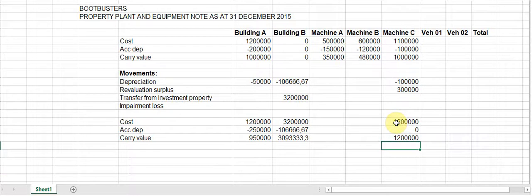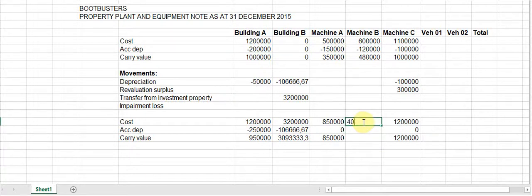So we can also apply this in all the other machines because they are also revaluated. So the 850,000, which is the fair value at the end of the year for machine A, in the policy we are told we need to eliminate the accumulated depreciation. So therefore we only have the carry value, which is the fair value.